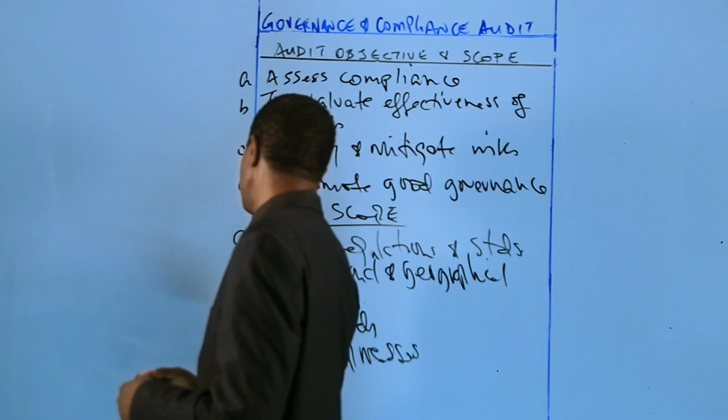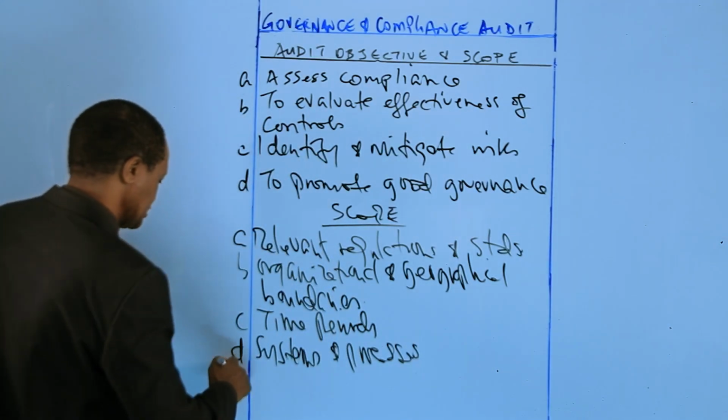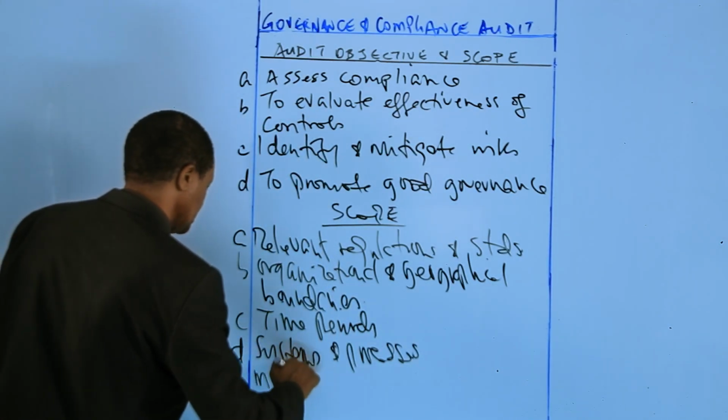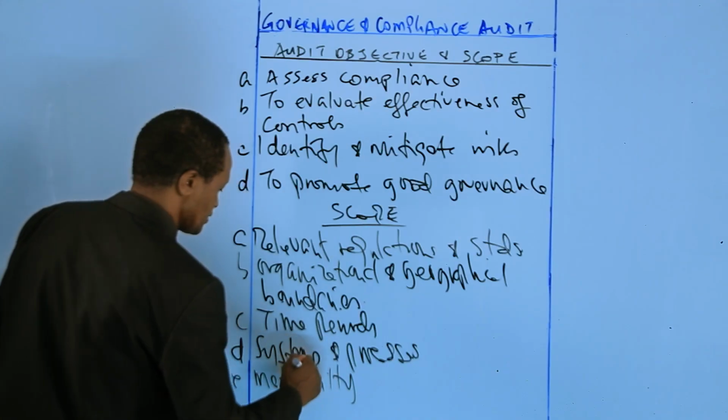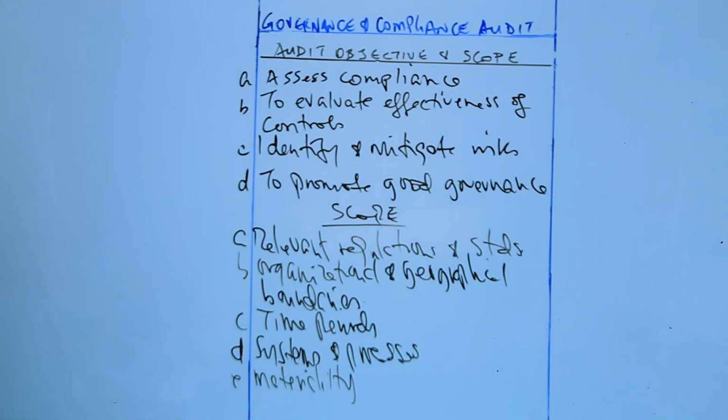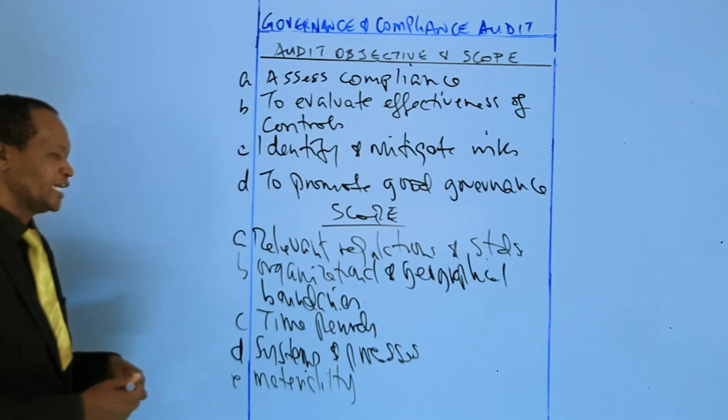Another factor that determines scope is materiality. Materiality is a factor that has to be considered. Materiality and risk. So the scope should be guided by risk assessment, because high-risk areas should be included in the scope for a more thorough examination.